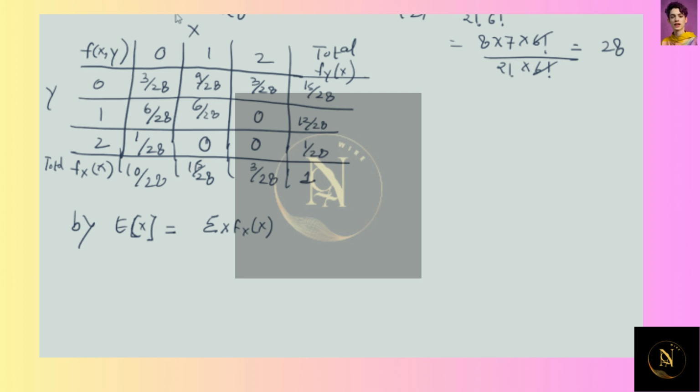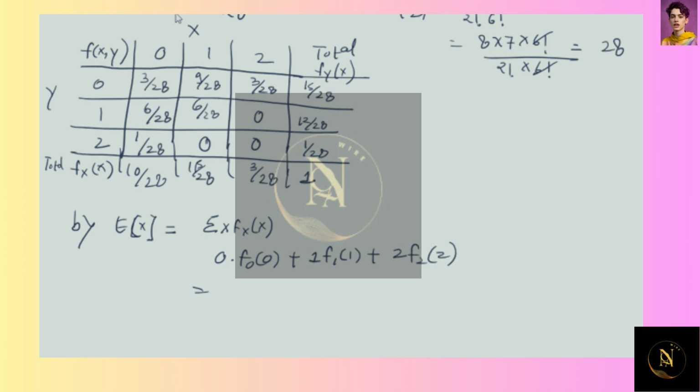So basically let us find that. We have three values of x as 0, 1 and 2. So its value would be 0 multiplied by f0, then plus 1 multiplied by f1, plus 2 multiplied by f2, where x is equal to 2.